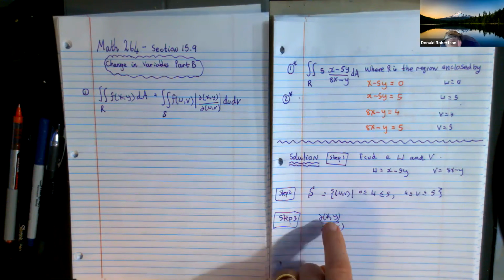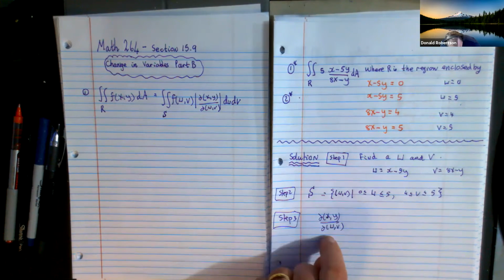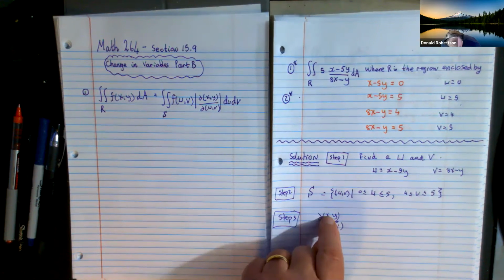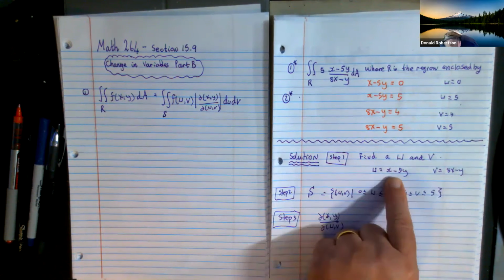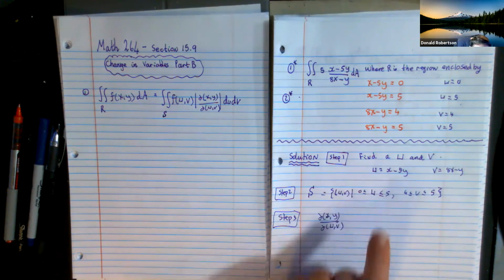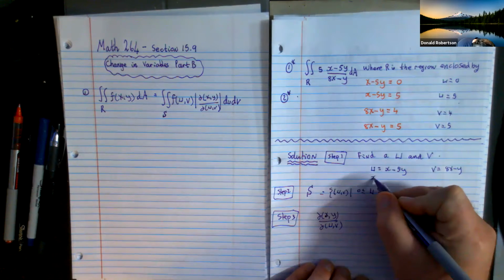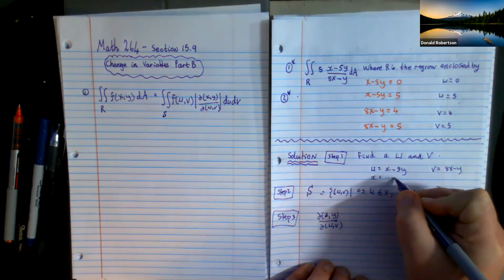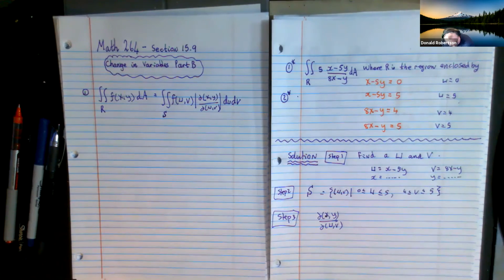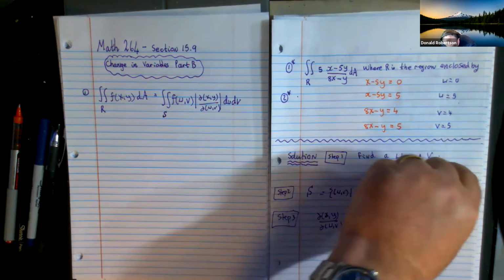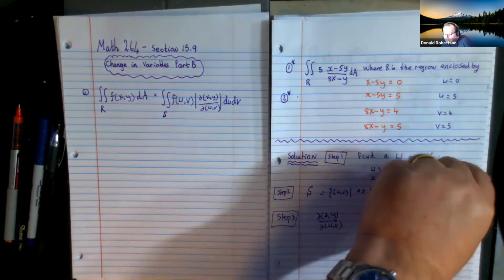Now, I could find this guy, and sometimes I have to do it this way, is that I have to take these 2 equations and I have to solve them so that eventually I get X equals some function of U and V, and then Y equals some function of U and V. But I only force myself into doing that if these 2 substitutions are not linear, right?